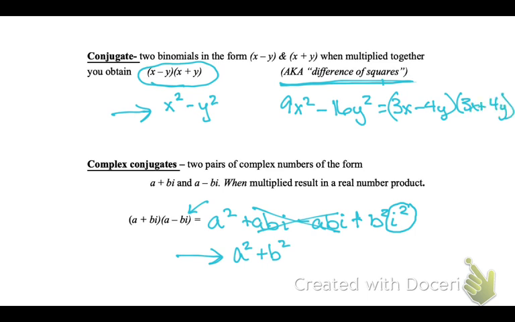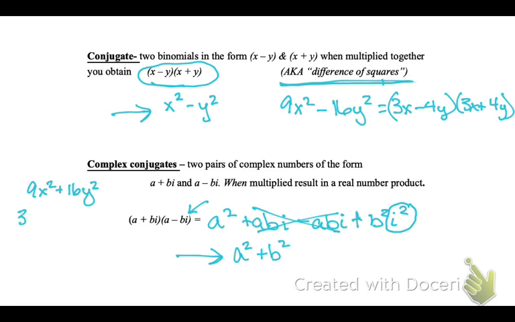So down here, if I had 9x squared plus 16y squared, the only difference is I need to throw a what at the end? An i. Because an i times i is i squared and changes your negative to a positive.